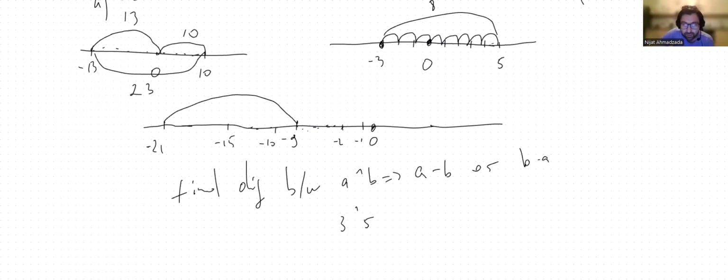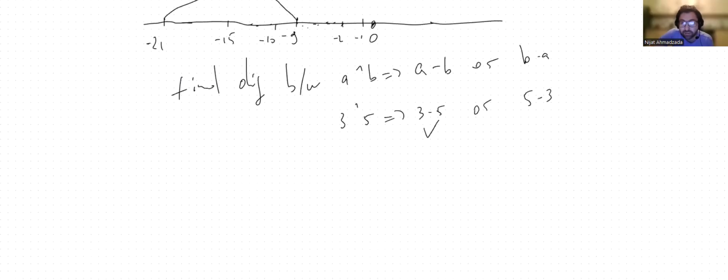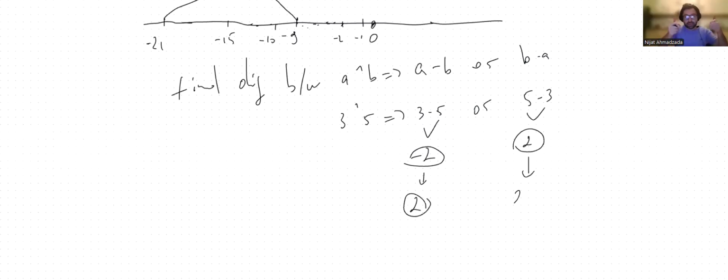So we're going to have 3 minus 5 or 5 minus 3. Notice 3 minus 5 will give me negative 2. 5 minus 3 will give me 2, but it doesn't matter because for the difference, I'm only taking the positive values of the answer. So no matter if it's a negative 2, I'm going to accept it as 2. No matter if it's a 2, I'm going to accept it as 2 again. Okay? That's it. Very good.